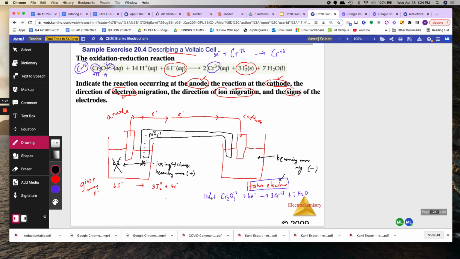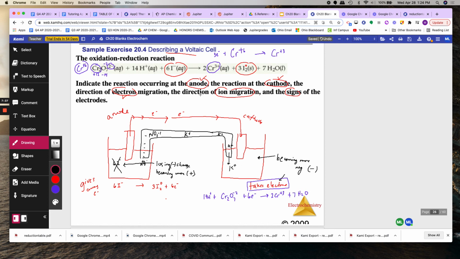It used to be plus 14, plus 12, and becomes plus 6, because 2 times 3 is plus 6. It's becoming more negative, plus 12 to plus 6, because it took in electrons. If it's becoming more negative, let's say your salt bridge has K plus in it. You need to make the K pluses go to the right. As it becomes more negative, the K plus will neutralize it.